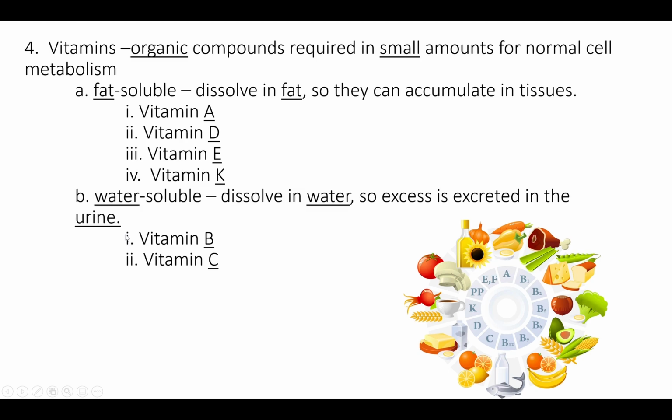The second category is called water soluble. These will dissolve in water. And so if you have excess amounts of these in your system, then you will just pee them out. That's why if you do take vitamins, and sometimes you notice that your pee is very, very yellow, it's probably because some of the extra vitamins that were in your capsule, you don't need them.